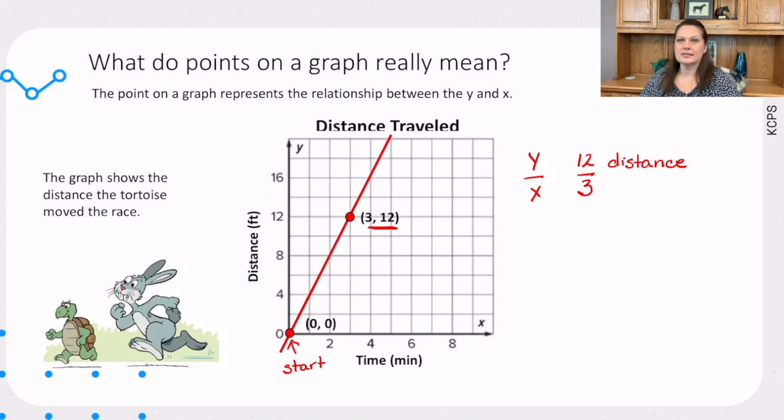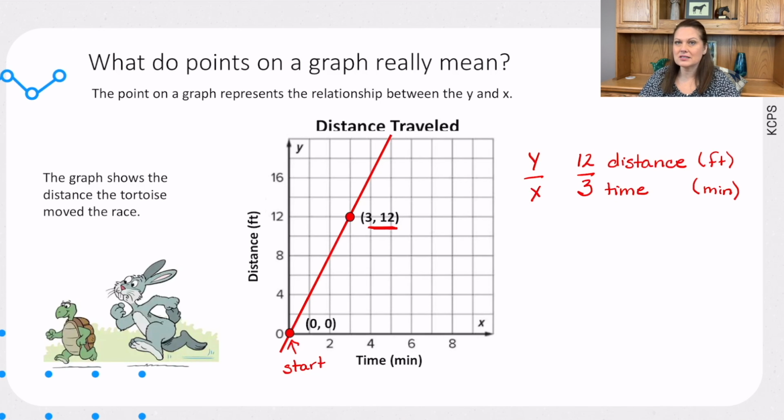Now, you don't want to say distance per time. You really want to use the units that they're talking about. My distance in units is feet, and my time is minutes. So when I say 12, I use the label feet, and when I say 3, I use the label minutes. Remember that fraction bar means per, so I'm going to say 12 feet per 3 minutes.